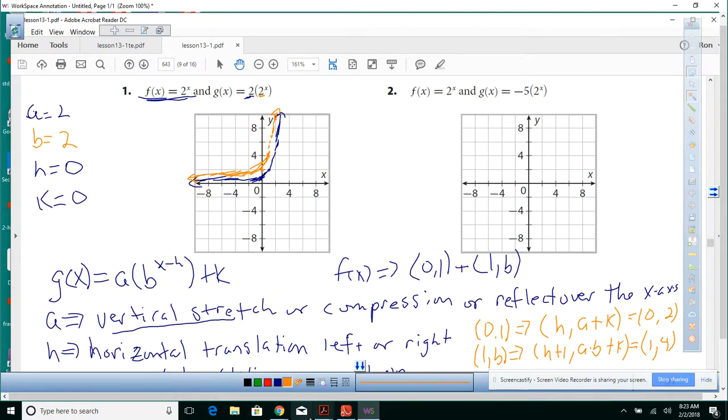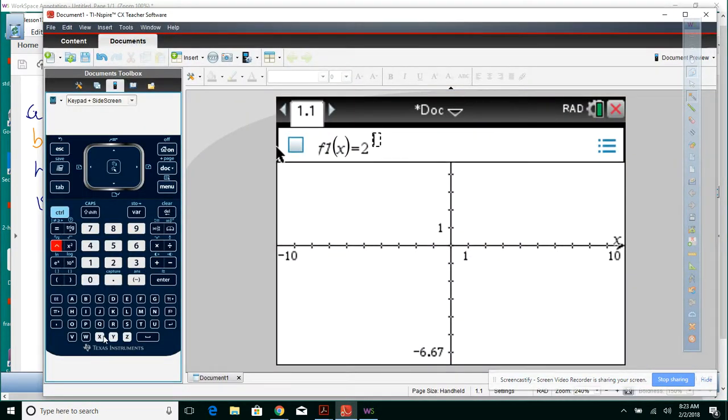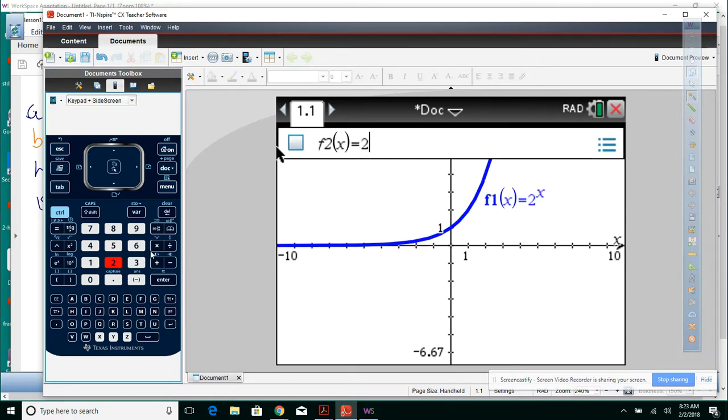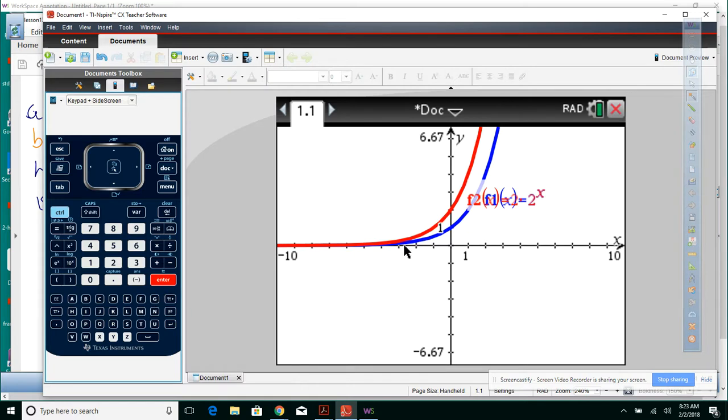Now, if you happen to have an Inspire, or if you don't have an Inspire, you can use Desmos. You can graph this: 2 caret x, press enter, and there it is. And then tab, 2 times 2 caret x, and press enter. All right, let's check and see.